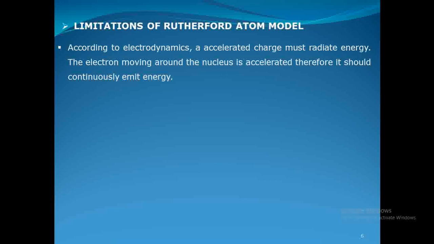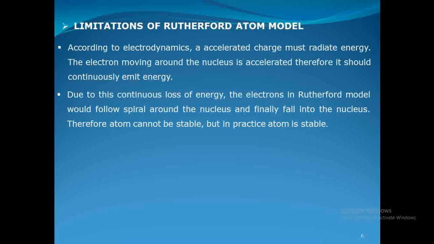Hope you remember what continuous emission spectrum and line emission spectrum mean. So there is a mismatch between the theoretical concept and the experimental result. Experimentally we get a line emission spectrum, but theoretically we predict a continuous emission spectrum. This mismatch is one of the limitations of the Rutherford atomic model.